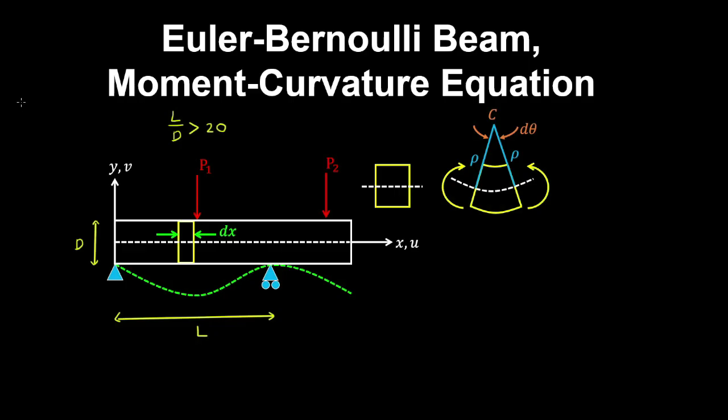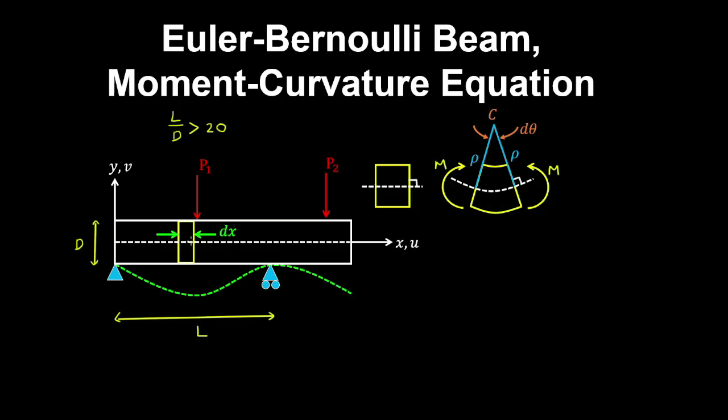And the theory assumes that plane sections remain plane. So before and after deformation, the sections remain straight, and they also remain perpendicular to the neutral axis. And the deformation is only considered to be caused by the bending moment. So in this case we have a sagging moment, which is positive.